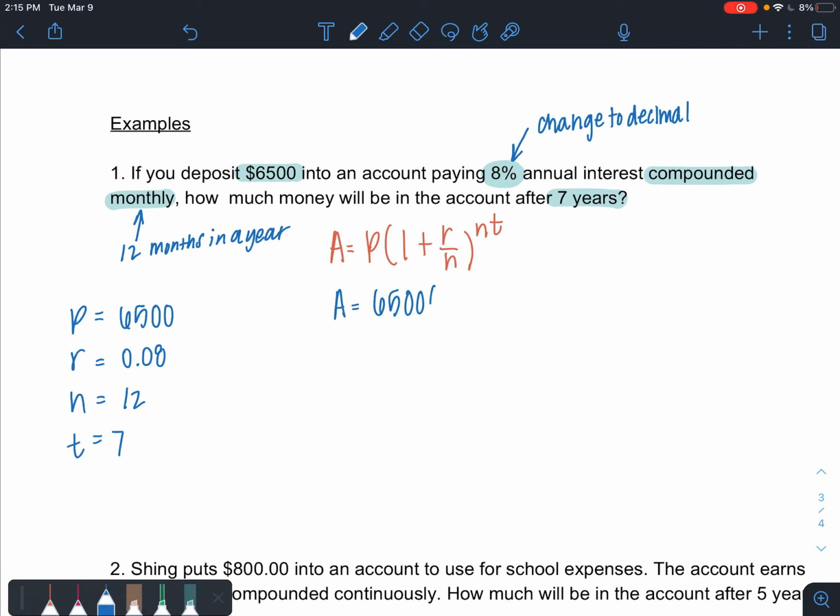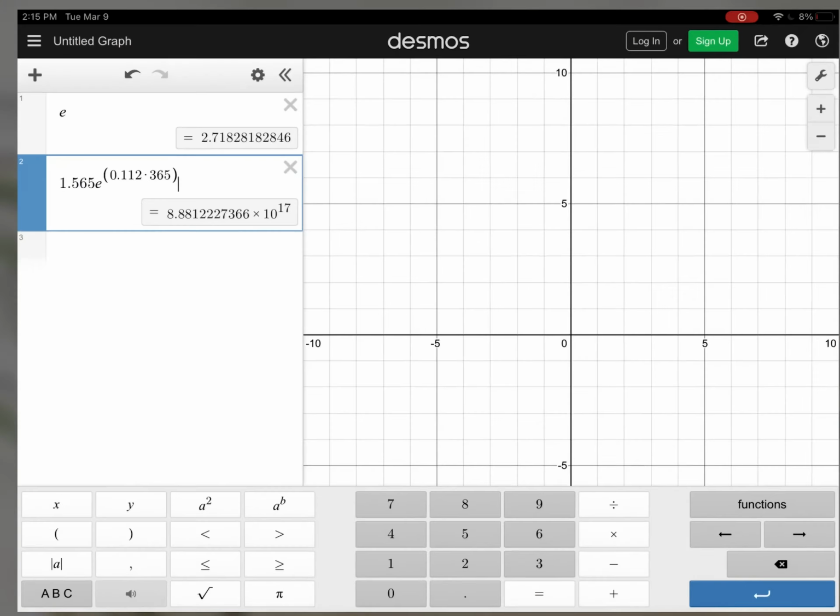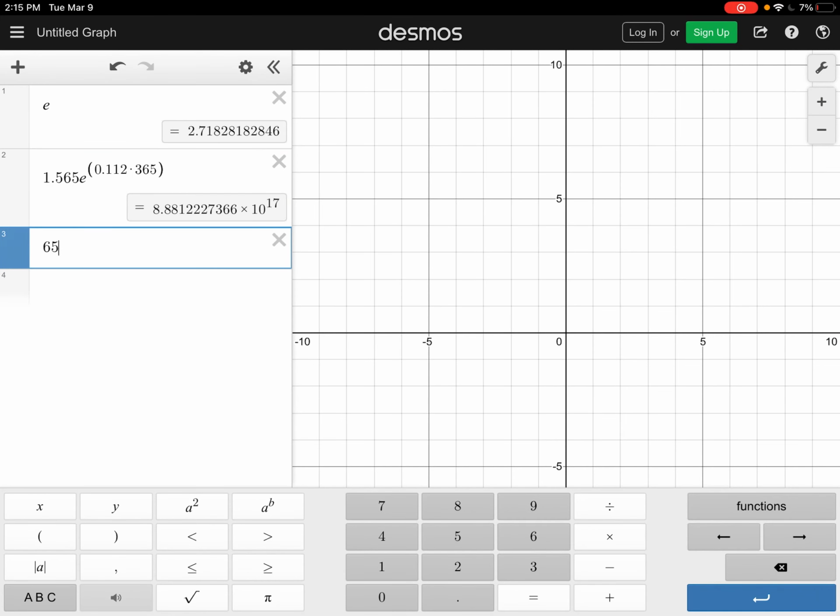So we get that A equals 6,500 times 1 plus 0.08 divided by 12, to the 12 times 7. So go ahead and type that in. 6,500 times 1 plus 0.08 divided by 12, to the, got to put parentheses up here, 12 times 7.